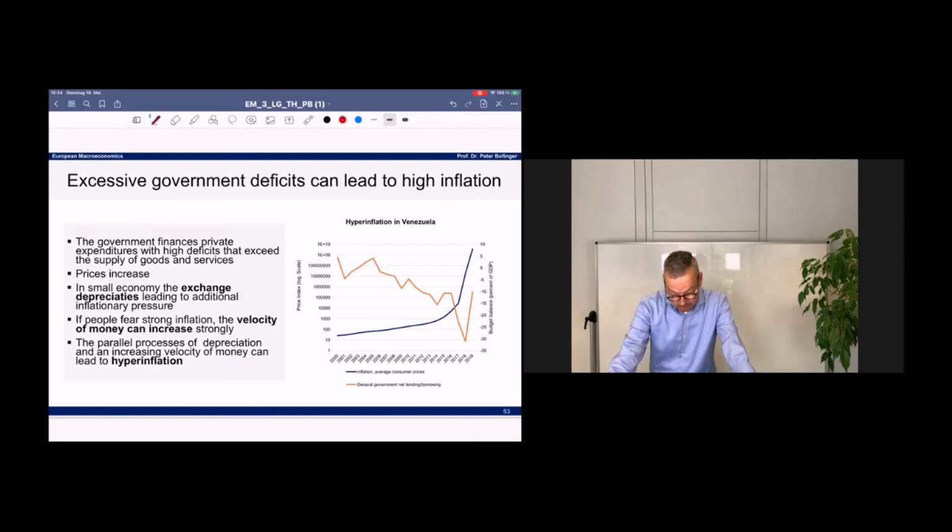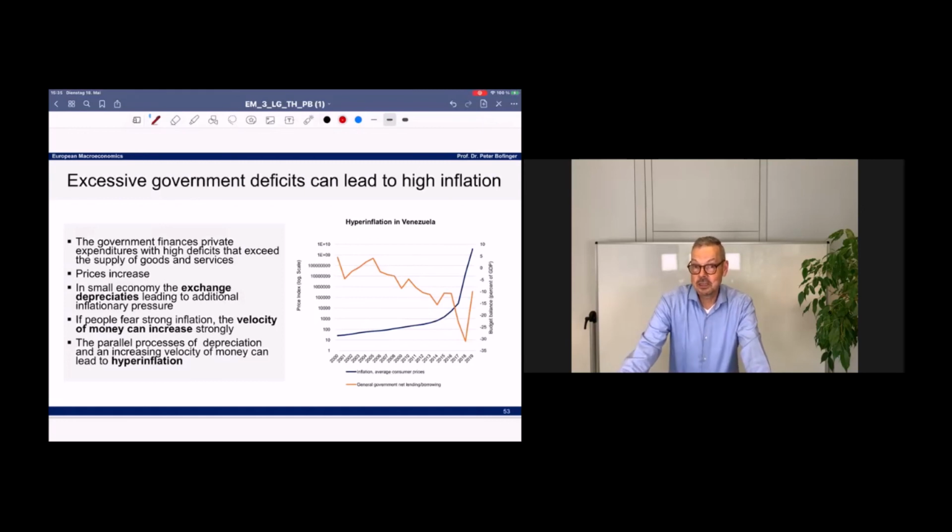And of course, there is some kind of dynamics in the system. We'll talk about this in the next two weeks, but we can also address it today. One problem is that once people lose trust in their currency, the feeling is, oh, we have high inflation, and if we don't spend the money today, in one week our money will only have 50% of the value of today.